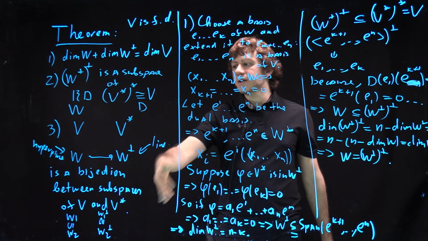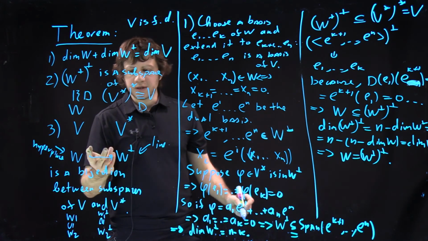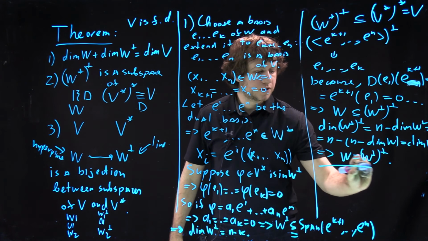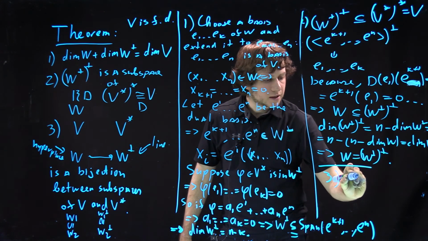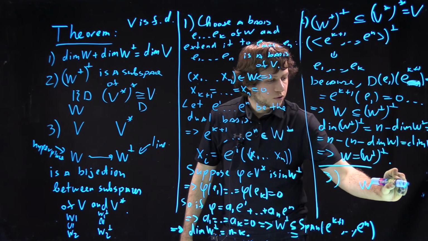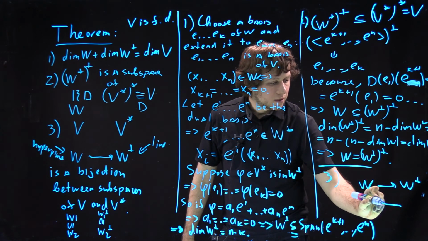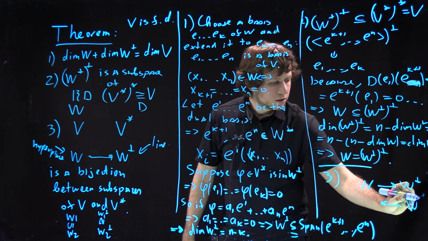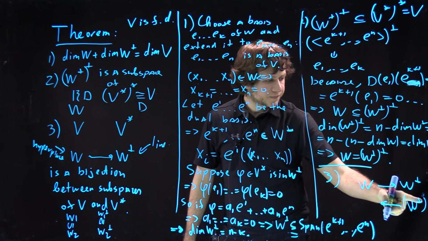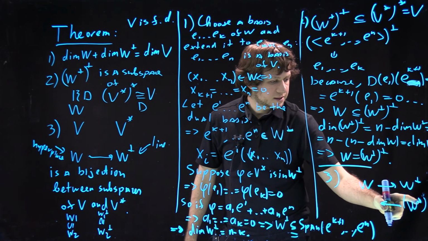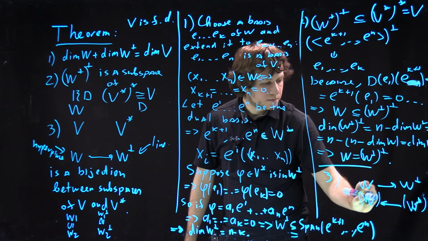Cool. And 3 is obvious from here. If you want to prove part 3, then you have this map in one direction, taking W to W perp, but in the other direction you can take any subspace, let's say W prime, and send it to W prime perp.